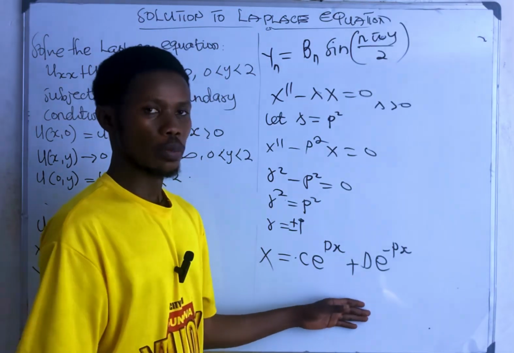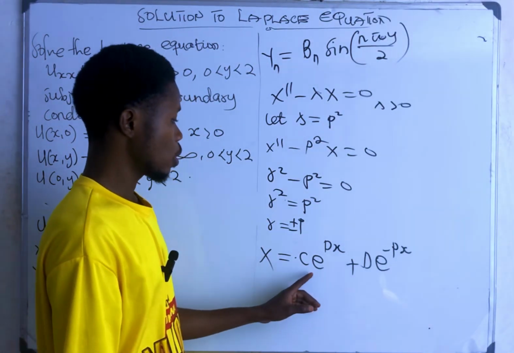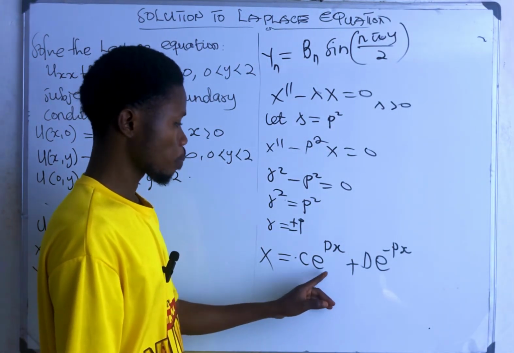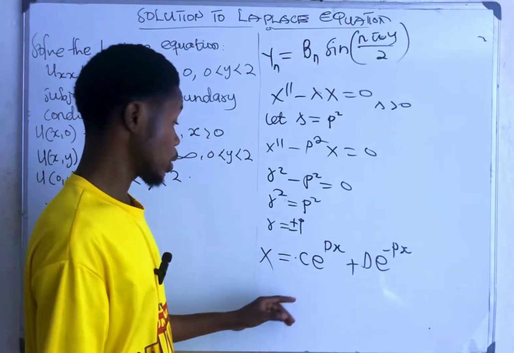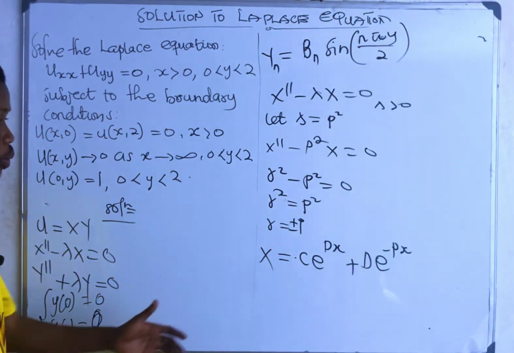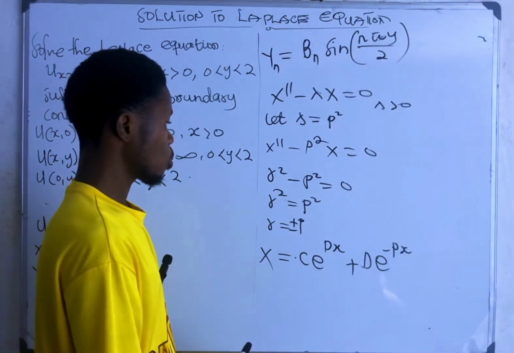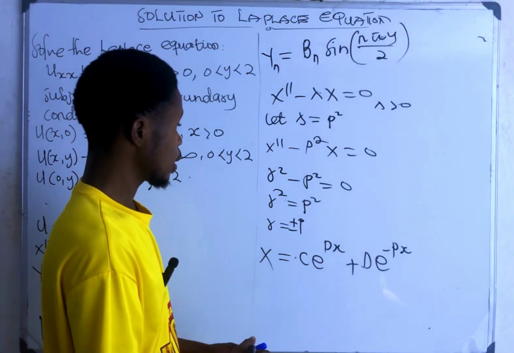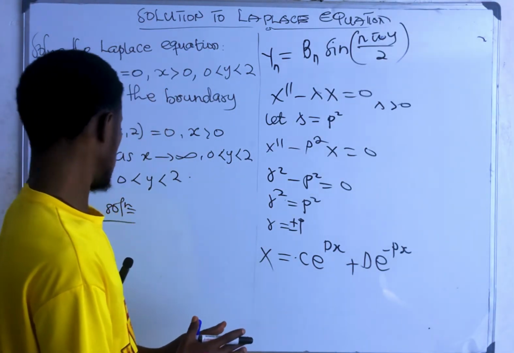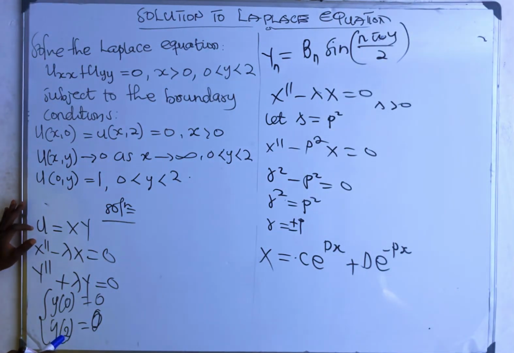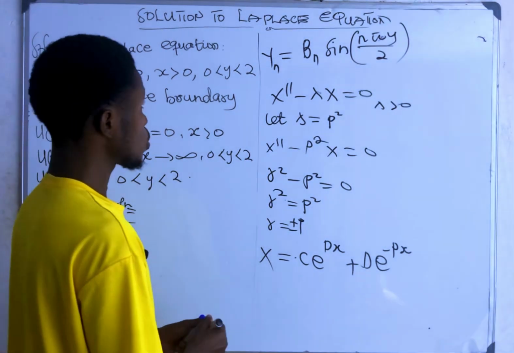We are going to do something here. Because this one has no boundary condition, just like the y, you go straight to the point. So what we are going to do here is substitute this one into the equation that we found ourselves. Is that okay? So let's do that substitution here.